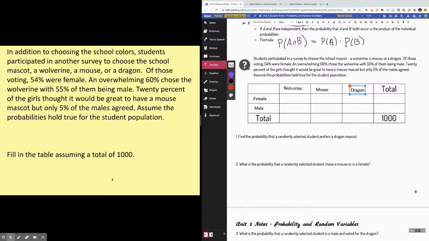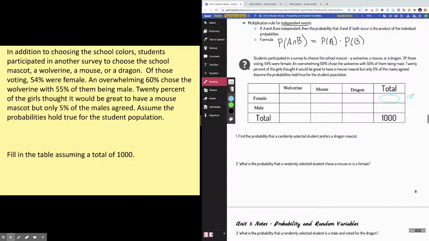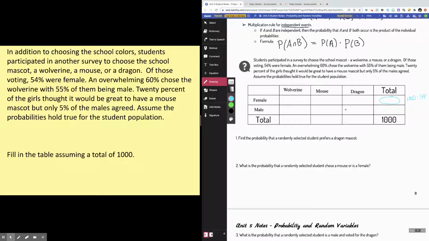Okay, we were told that of those voting, 54% were female. Okay, meaning that the total number of females has to be 54% of the total number of people, right? So that would be 1,000 times 0.54, which is 540, right?